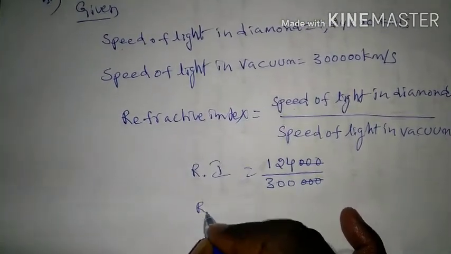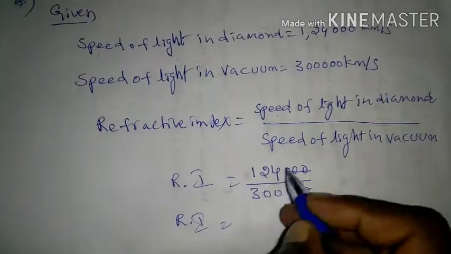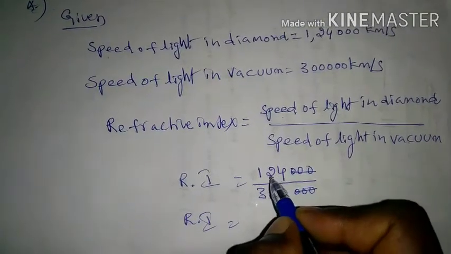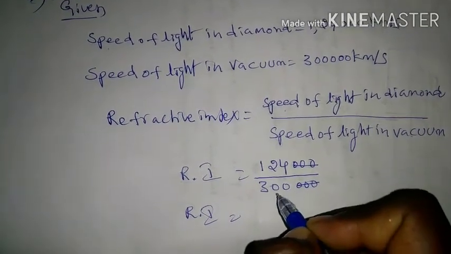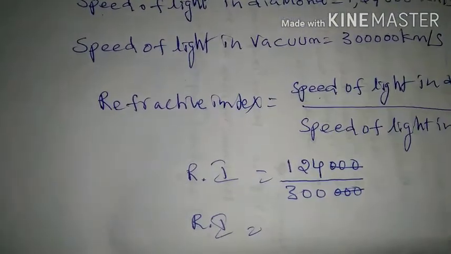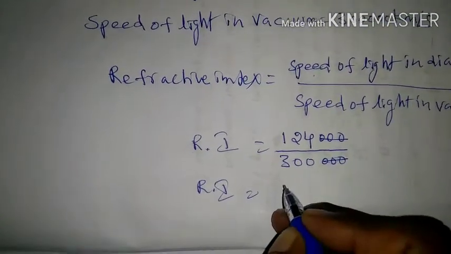Refractive index is equal to 124 by 300.